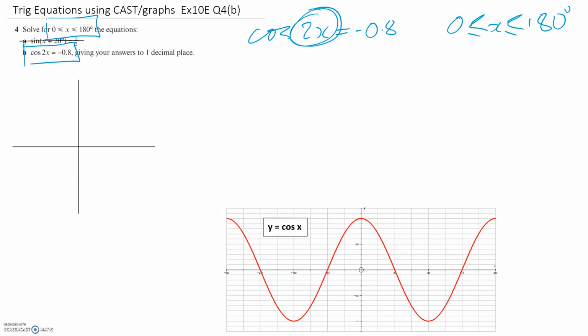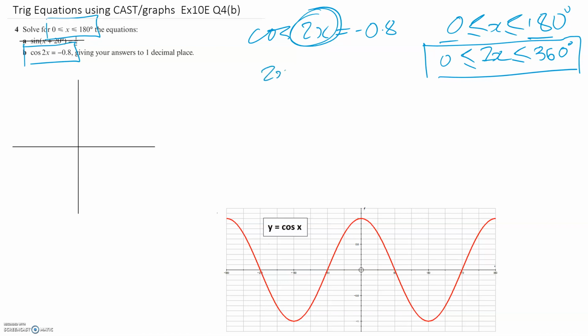So if x is between 0 and 180, 2x will be between 0 and 360. Okay, so you doubled x, so you double 180 and you double 0. So this is the new range where we have to find all our values in the cos diagram.